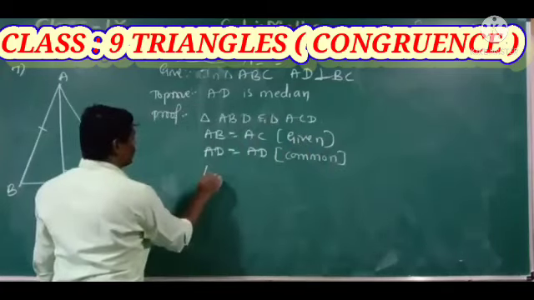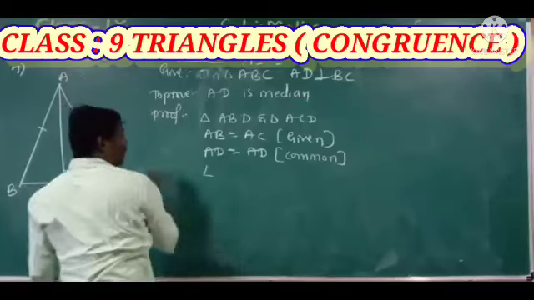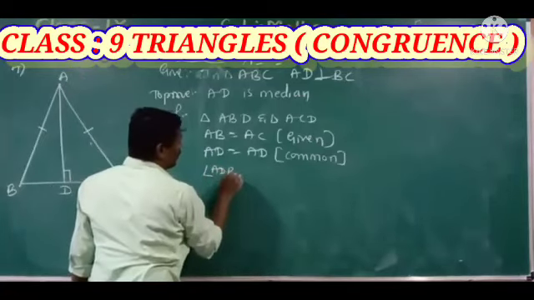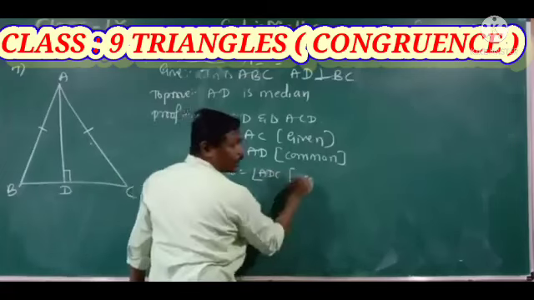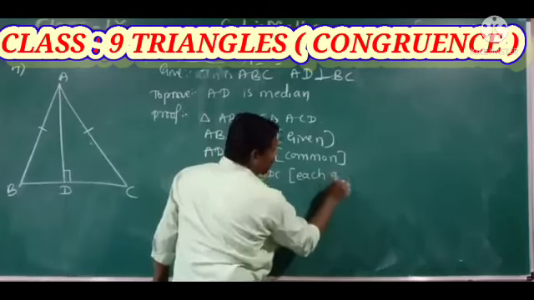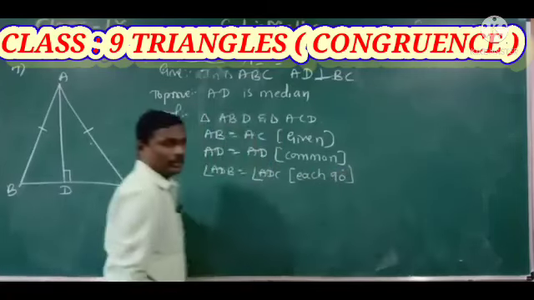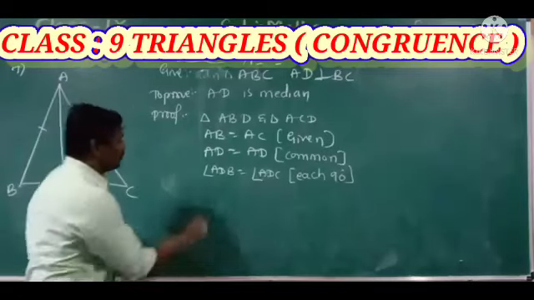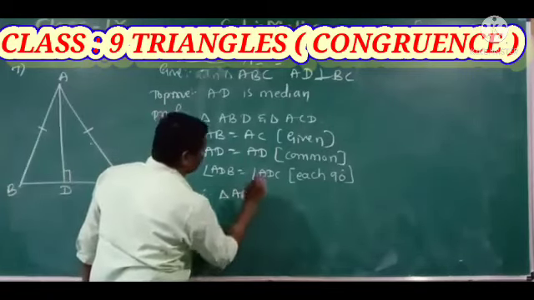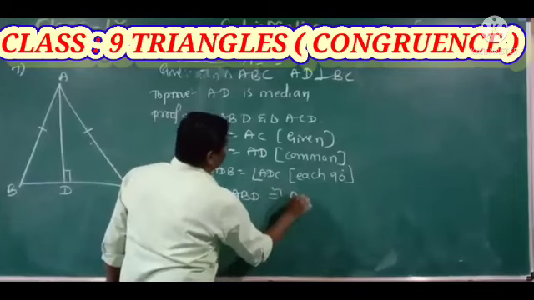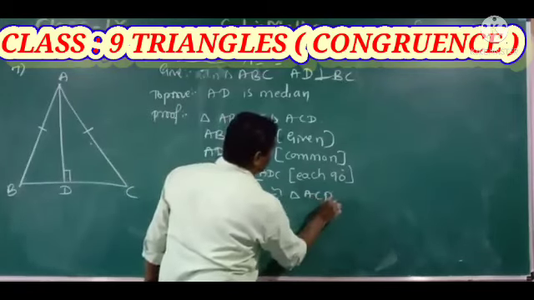And next one, angle ADB is equal to angle ADC. Here each angle is 90 degrees, right? Therefore the triangle ABD is congruent to the triangle ACD.